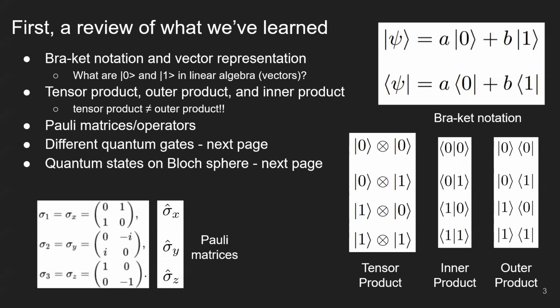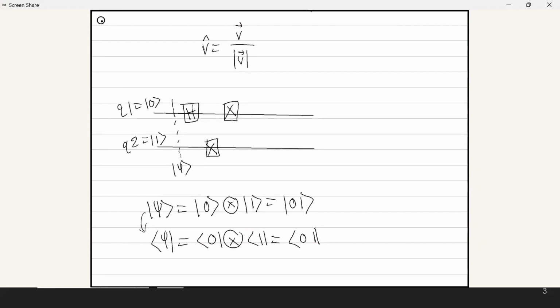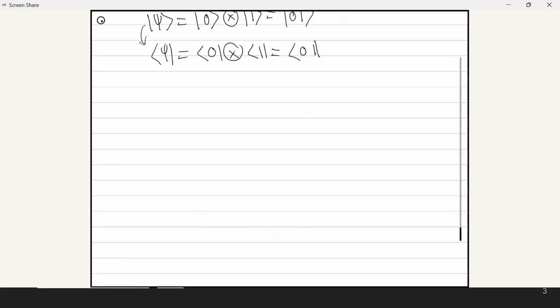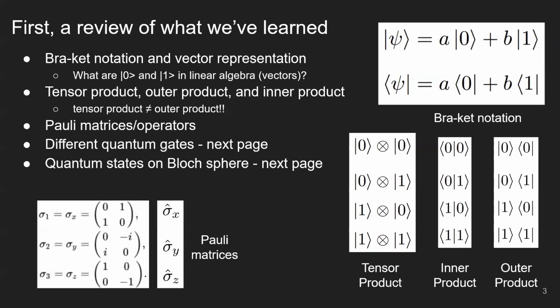Pauli matrices. Can anyone tell me anything about their relevance with quantum circuits?